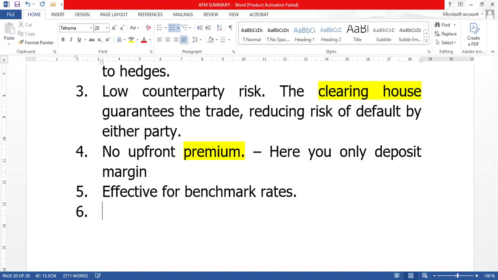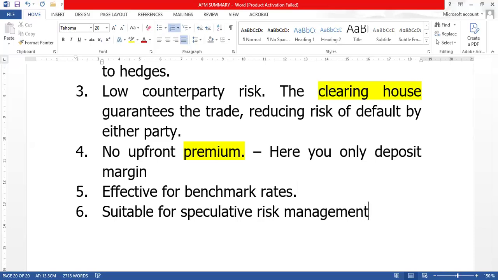Maybe the last one is that it is suitable for speculative risk management. Firms can use futures to take a view on the rates without holding the underlying assets.